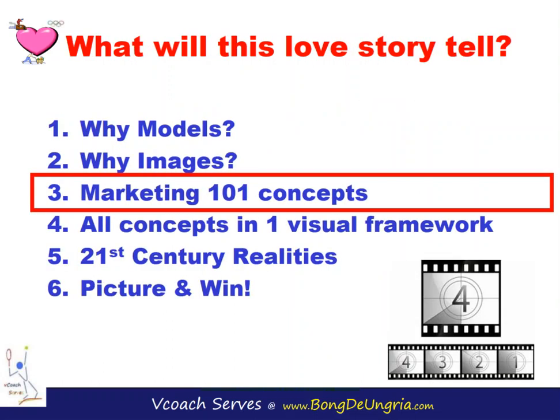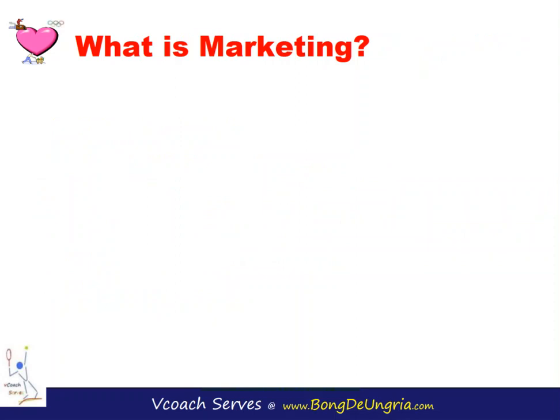So, what are the key concepts that are useful to remember for marketing? First, the definition of marketing. We can find a lot of definitions out there, but the one I like the most is this one.